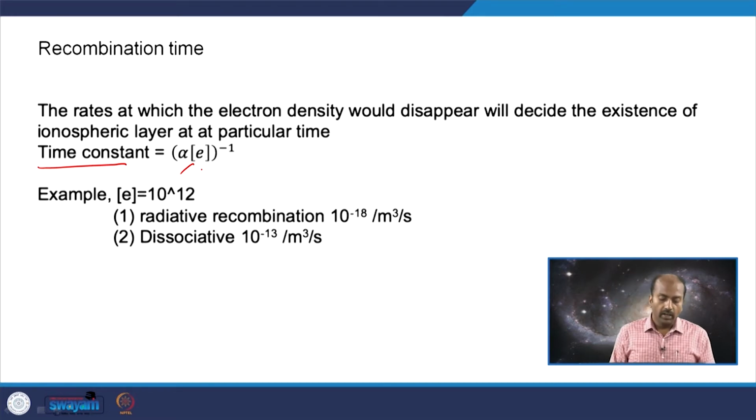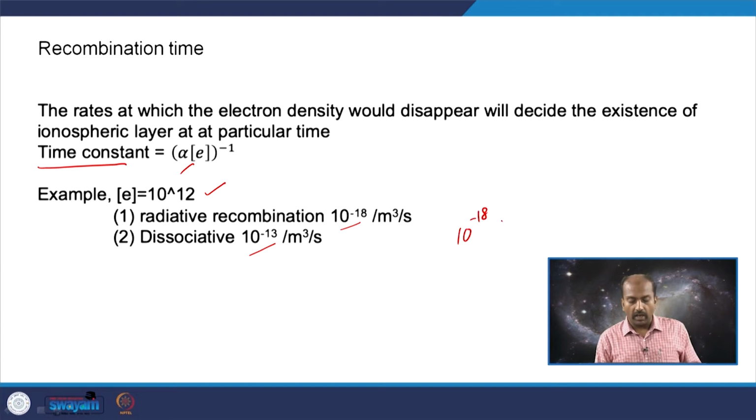Typically, for a peak electron density of 10 to the power of 12, we have the radiative recombination coefficient and the dissociative recombination coefficient, which we have already calculated. Let us say 10 to the power of minus 18 put against 10 to the power of 12.